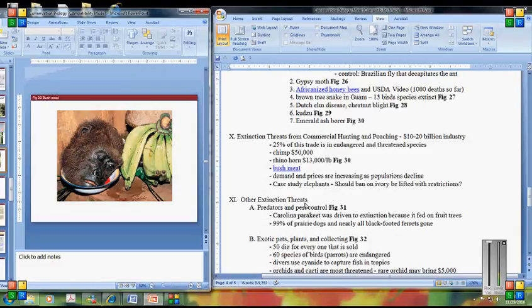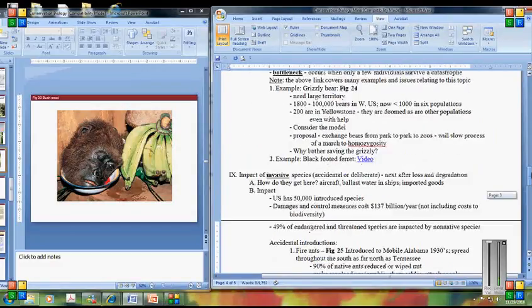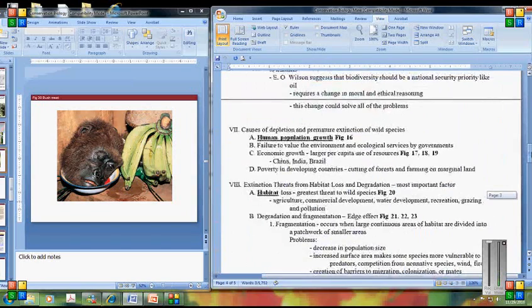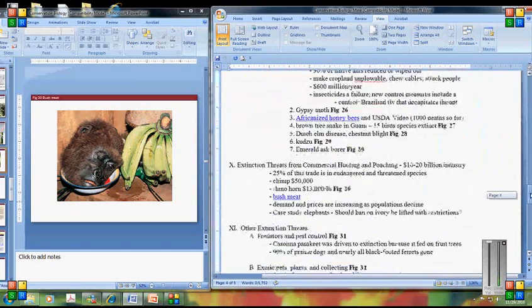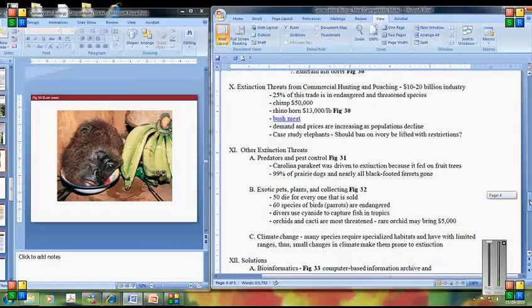Again, other extinction threats. And if you notice, we're going from the most important extinction threats to ones that are important but perhaps farther down the list. So other extinction threats: predators and pest control. I mentioned today in lecture that the Carolina parakeet was driven to extinction because it fed on fruit trees.